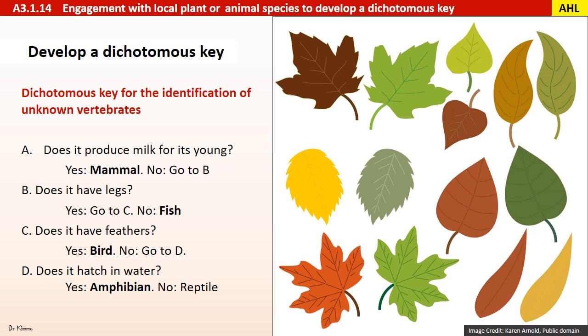So if it's not a fish and not a mammal, question C goes, does it have feathers? If the answer is yes, it's a bird. If the answer is no, go to question D. Question D, does it hatch in water? If the answer is yes, it's an amphibian. If the answer is no, it's a reptile.